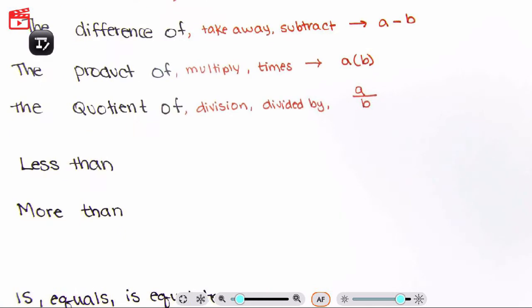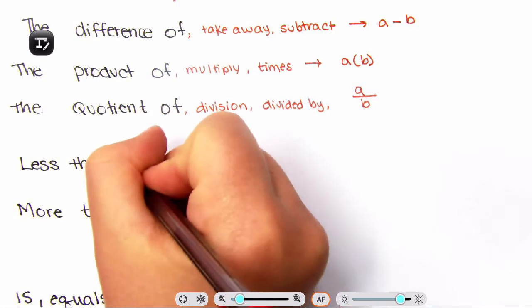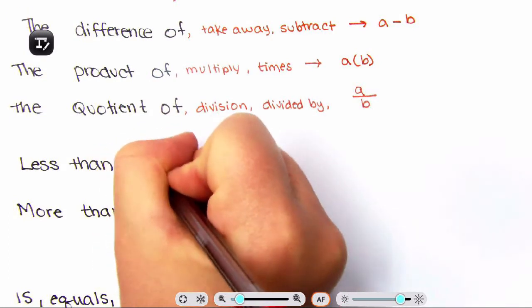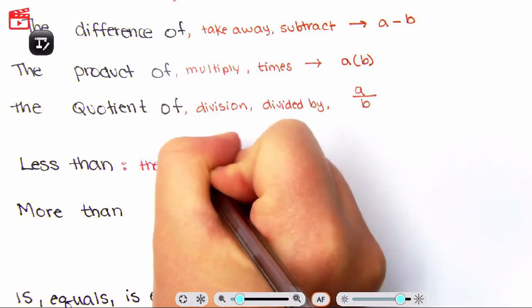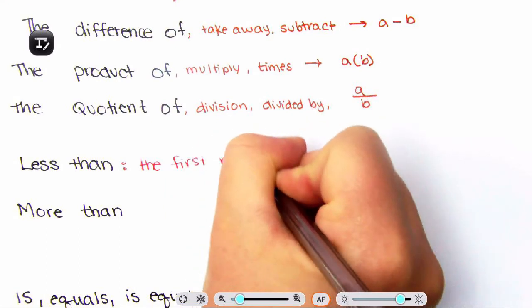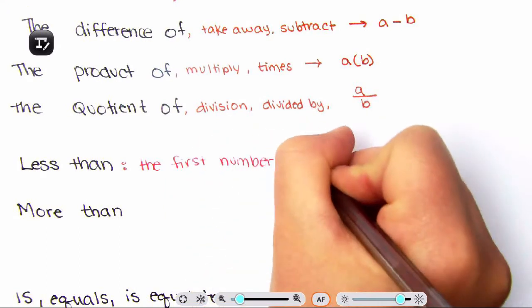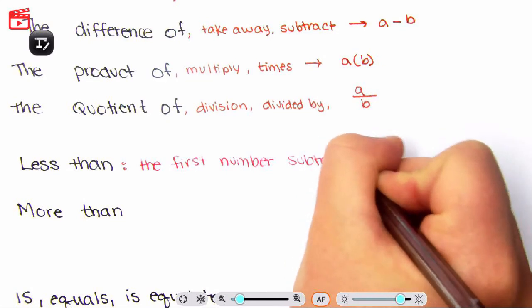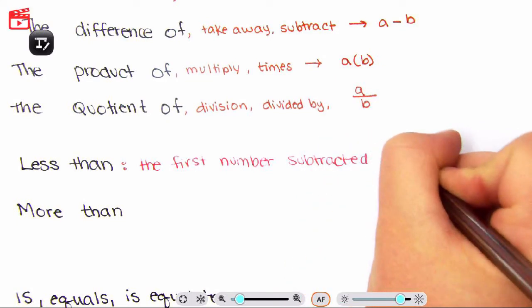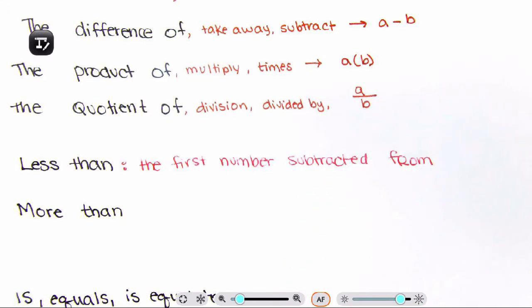Next one we have is less than and more than. Less than and more than are super important because they actually switch the order. Whenever you have less than, the first number is subtracted from the second.